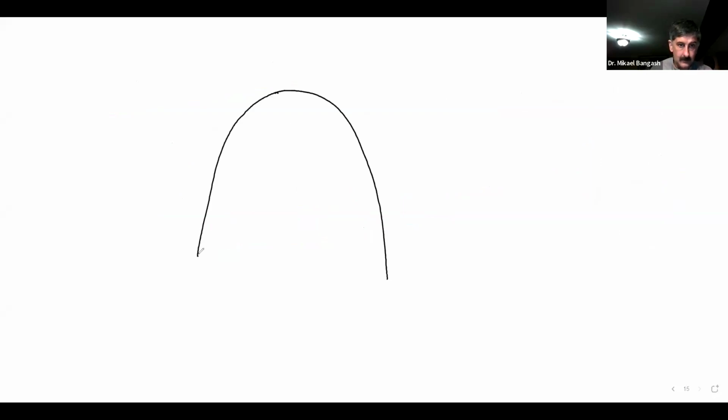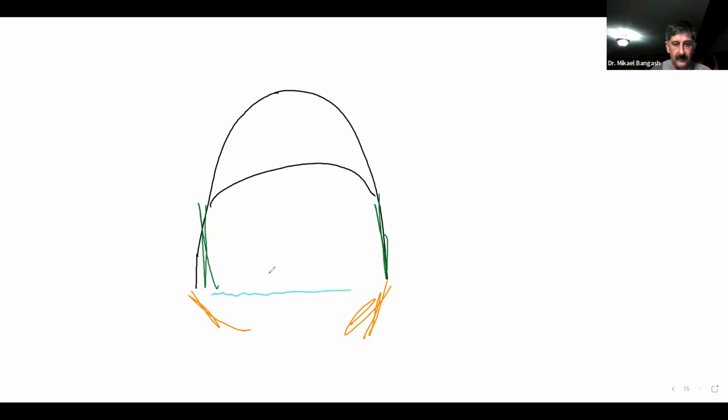Whereas lower to that was the abdominopelvic cavity. But there was no physical structure that separated the abdominal from the pelvic cavity.